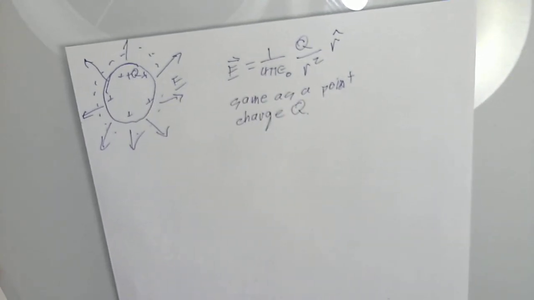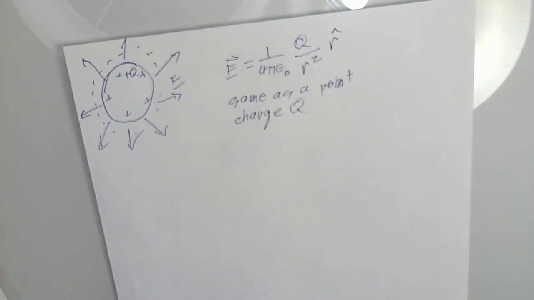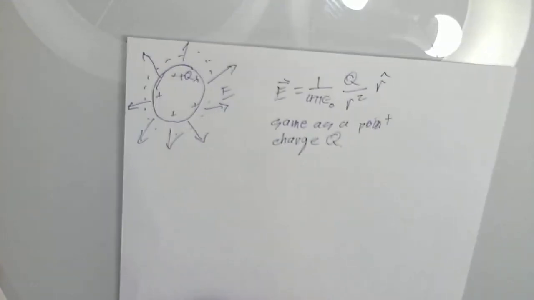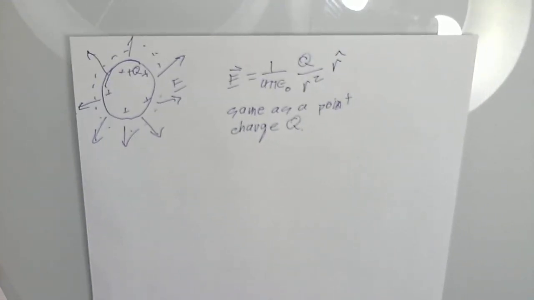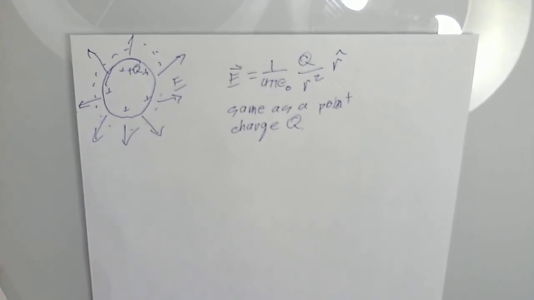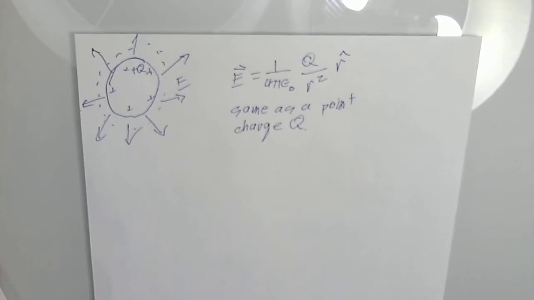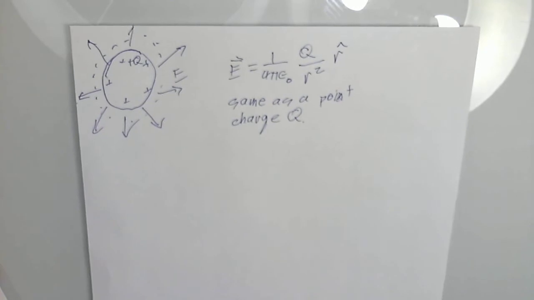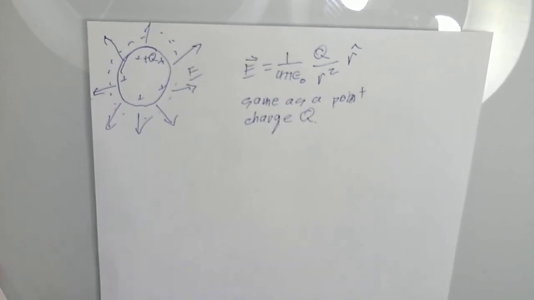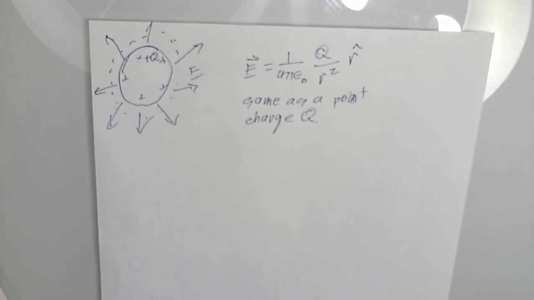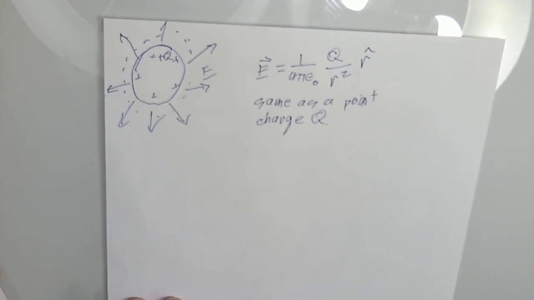So conductors are very good at hiding charge and hiding electric fields and making it impossible to see from the outside what's actually going on the inside. They make sure that Gauss's law is still held and the net charge is still whatever the net charge was, but the details of the configuration inside are completely obscured by the presence of the conductor.